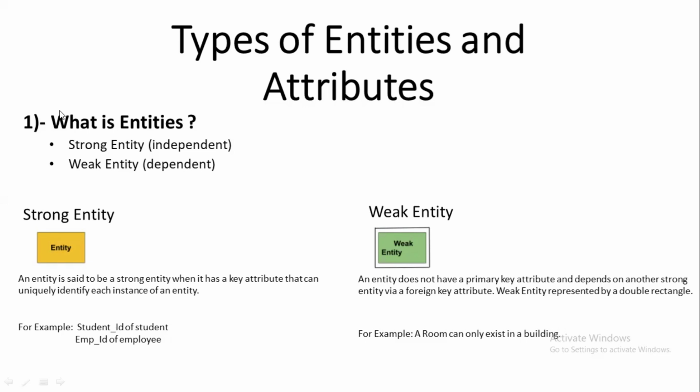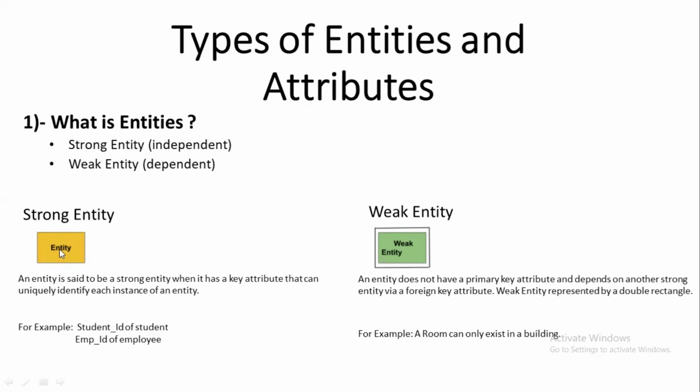Entities are usually expressed by a noun in single form. For example, a specific person, company, event, or anything. An entity set is a set of entities of the same type that share the same properties. Every entity is made up of attributes which represent the entity. We represent the entity with a single rectangle shape.